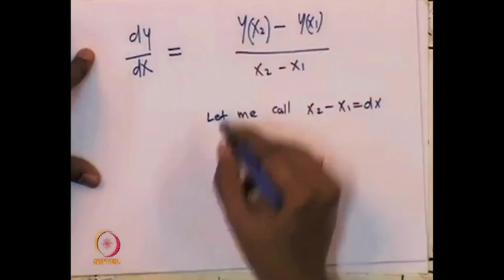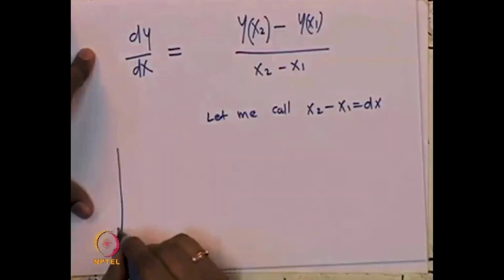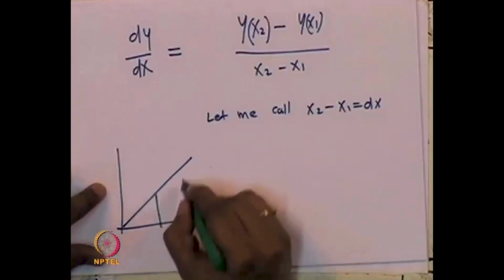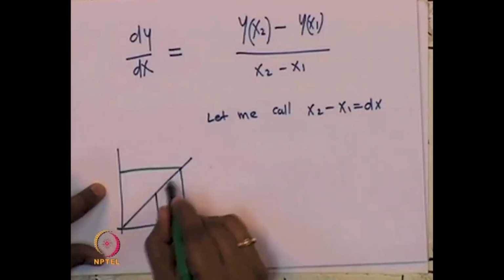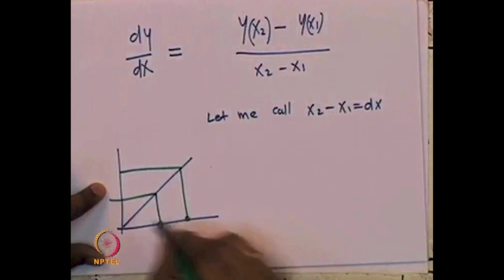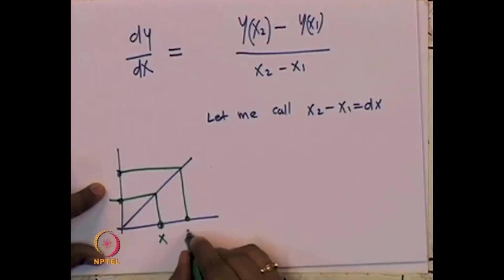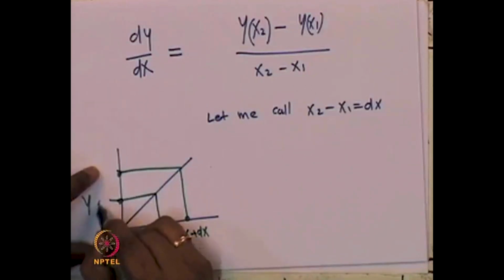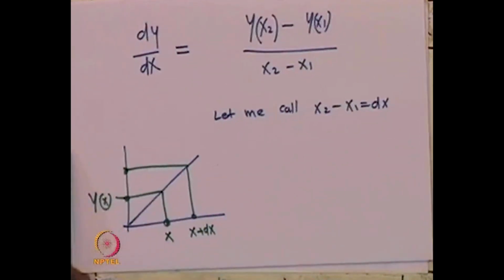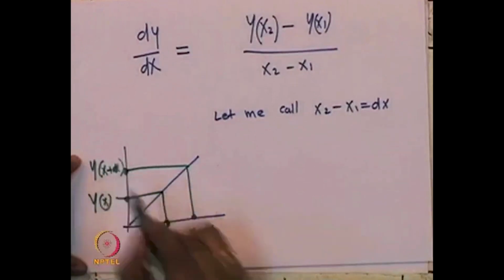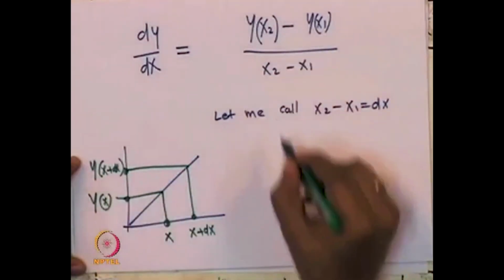You can also write this. If you just look at this curve we had here, a straight line, and look at these 2 points on the x axis and 2 points on the y axis, I can now call this x and this x plus dx. You can call this y at x, the y value corresponding to the x value, and call this y corresponding to x plus dx. So, you can also write this definition in a different way.